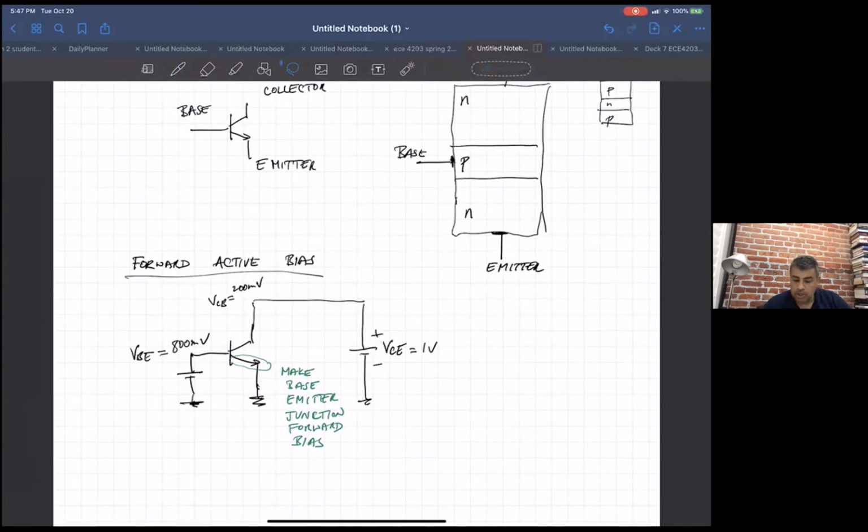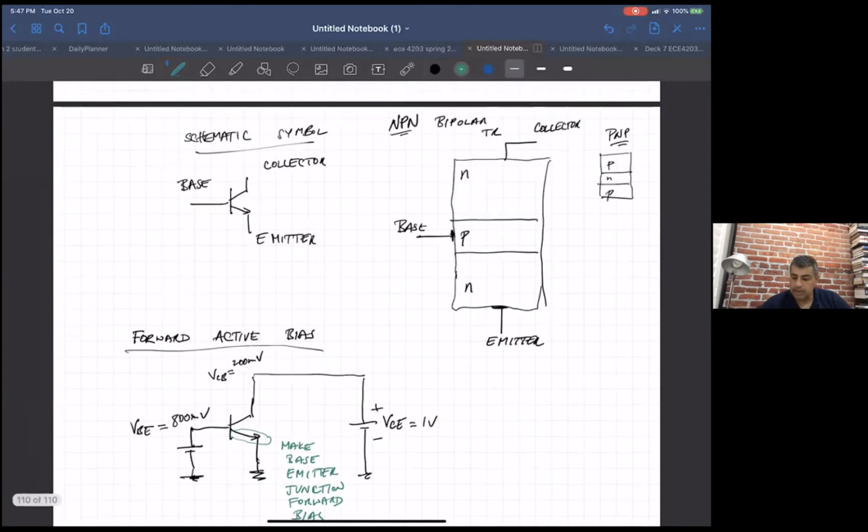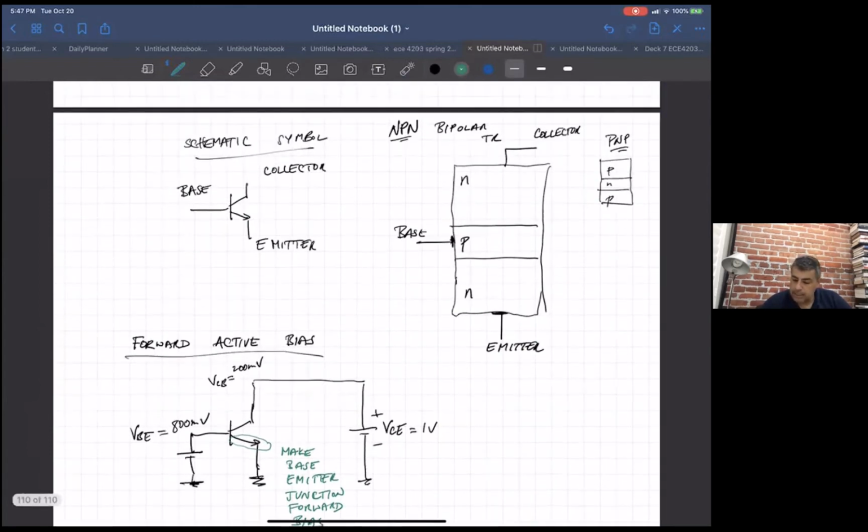Okay, so if we do that, sorry, there were a couple of other conditions. So if we put that in, and if this NPN transistor is correctly designed as a piece of semiconductor, that means that we dope this emitter very heavily. So this is donor doped, and this is acceptor doped.